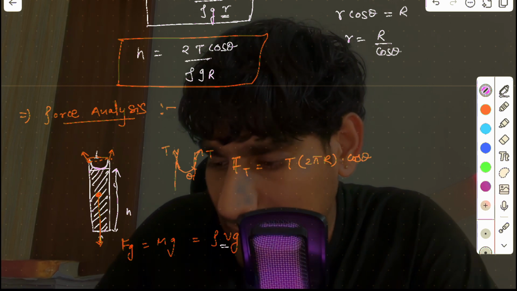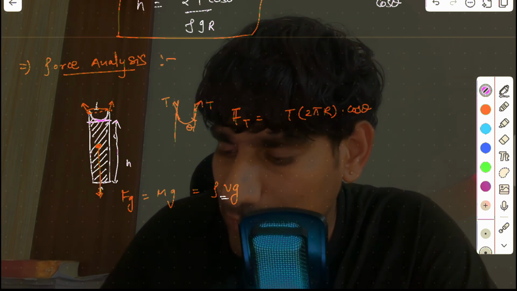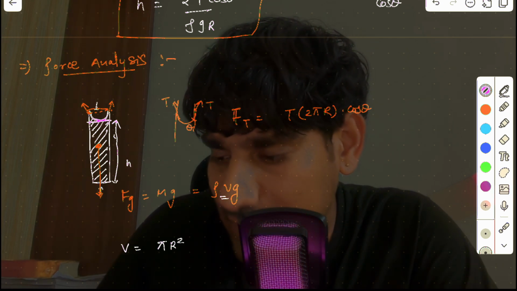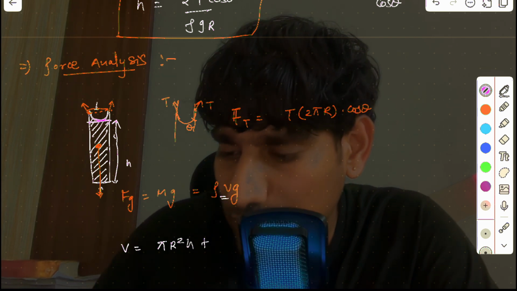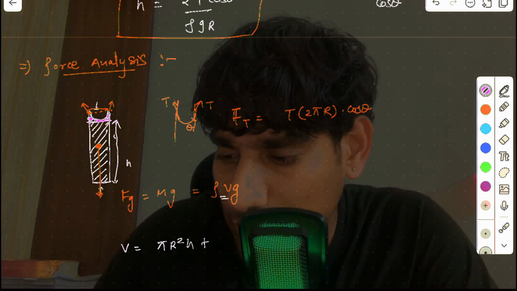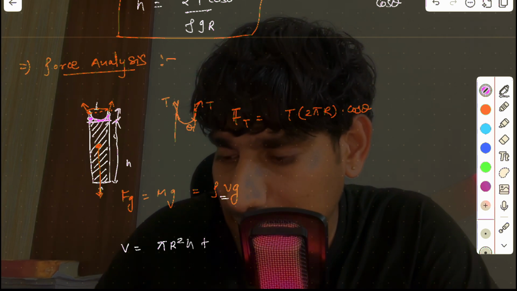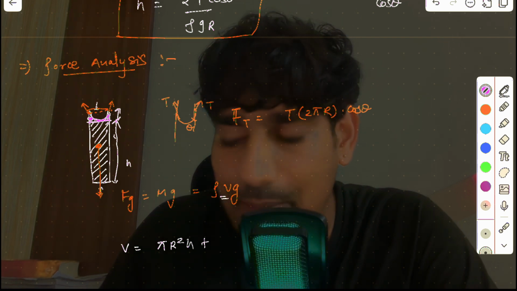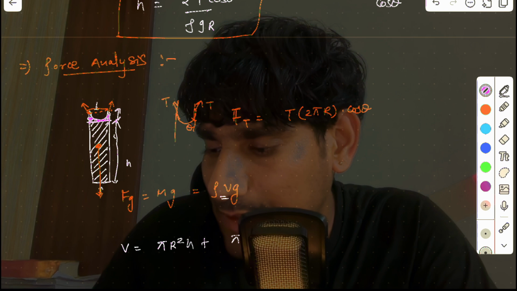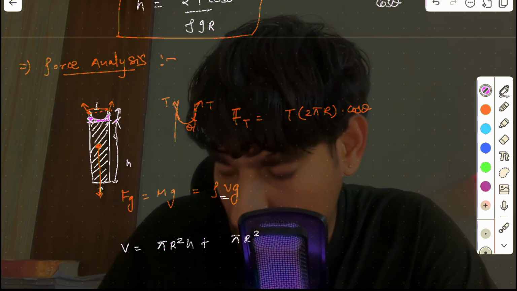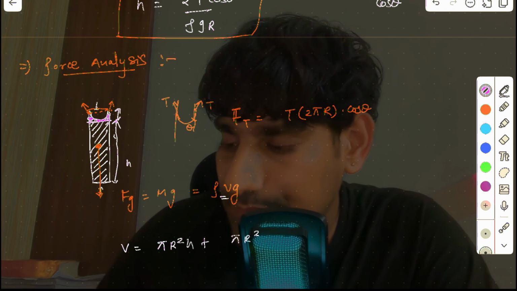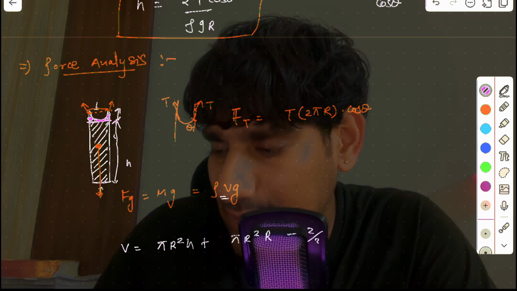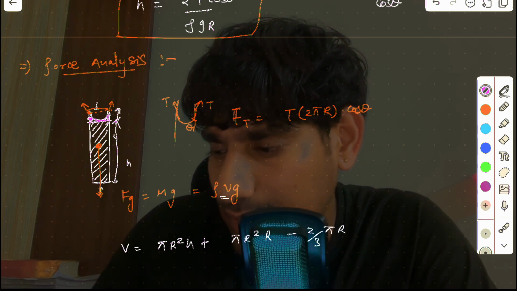So the total volume is the volume of this cylinder part, pi r square h, plus the volume of this part of the fluid, which is the volume of the cylinder pi r square r minus the volume of the sphere, which we can approximately consider a hemisphere, 2 by 3 pi r cube.